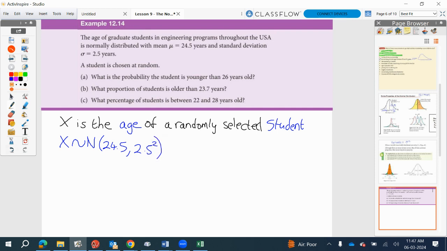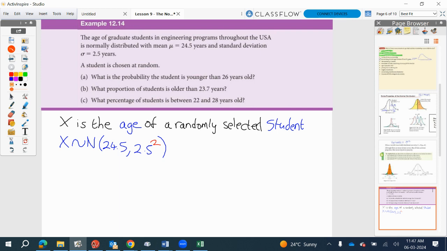The most common mistake is not quoting the variance when you quote your model. Many people quote the standard deviation, because on the calculator you don't enter the variance, you enter the standard deviation. That leads to a lot of confusion. So you have to quote the variance and the population mean.